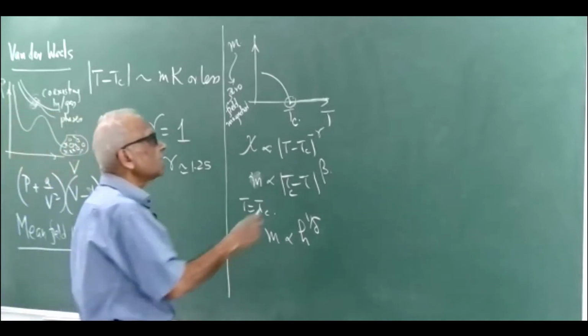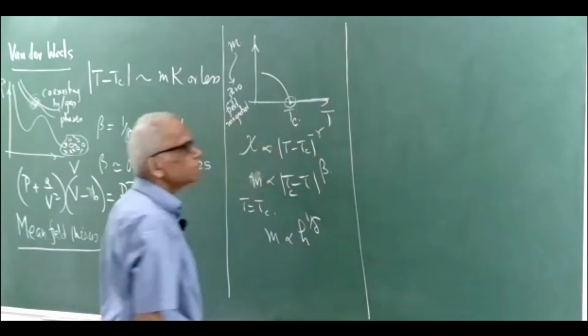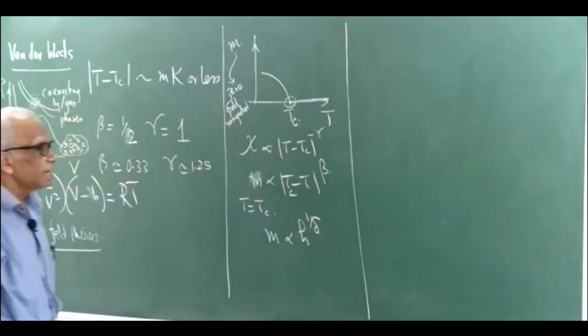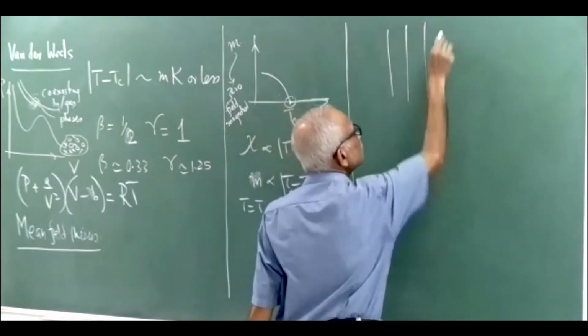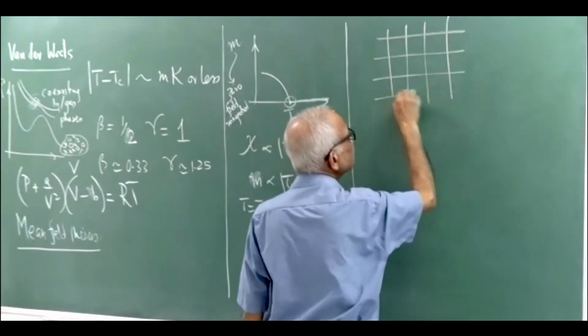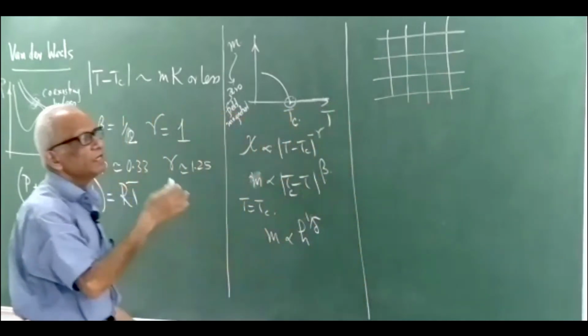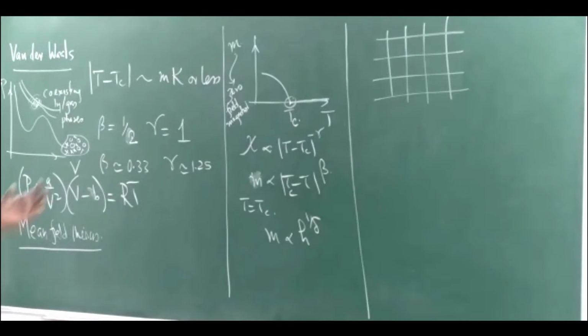You can start with a local description, and the easiest is to start with a lattice. So you imagine a lattice, let's say a square lattice. I'll talk in terms of a square lattice because it's easy to draw. What holds for the square lattice holds equally well for the cubic lattice.